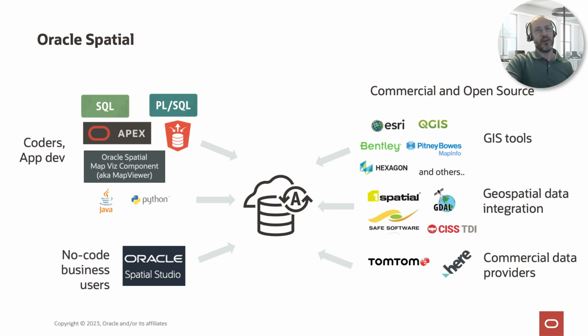QGIS is very, very popular, open source products, as is Hexagon and others around the world. All those GIS tools, as well as geospatial data integration, or in other words, the tools that allow you to transform spatial data between formats and commercial data providers. This whole industry does and has for many, many years universally supported Oracle Spatial as a supported data management system for spatial data.